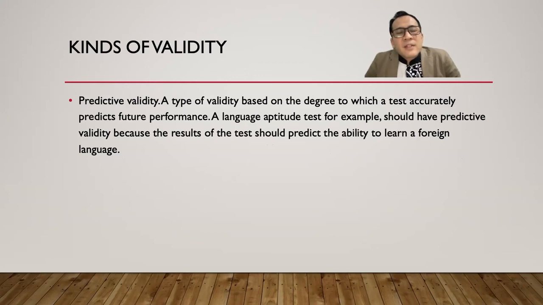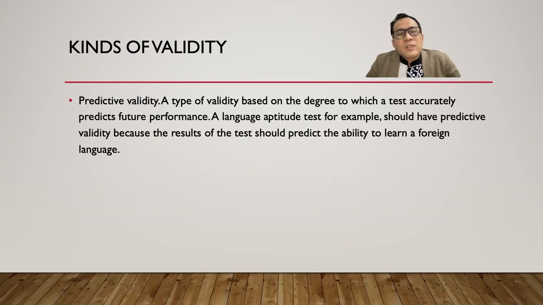And then finally, predictive validity. I think it is called predictive because it predicts the future competence or performance of the students. So when your test is said to have predictive validity, your test should be able to predict the future competence of the students or the learners.